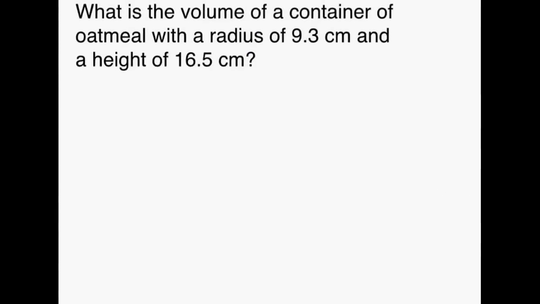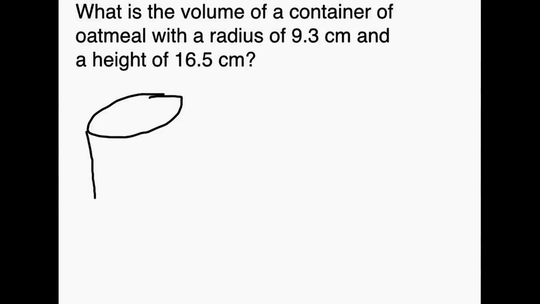All right, what is the volume of a container of oatmeal with a radius of 9.3 centimeters and a height of 16.5 centimeters? Now, obviously, this doesn't have a picture. However, if I read my example, I can go ahead and draw what I hear. So what is the volume of a container of oatmeal? Well, I know a container of oatmeal is in the shape of a cylinder.